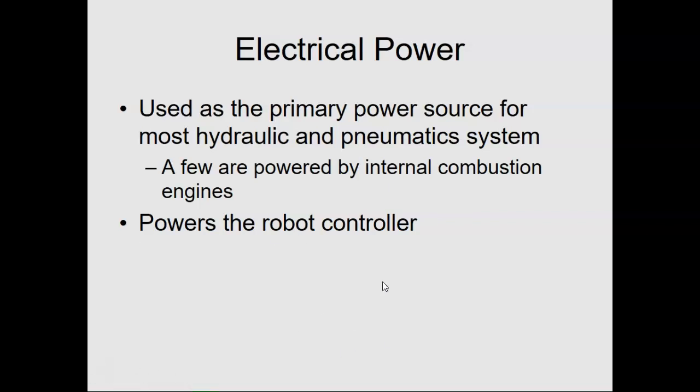So electrical power is the primary power source for just about everything. Some things can be powered by internal combustion, but even that produces electrical power. So thus, this is what powers most every controller. It's what powers most robots in some form, either directly or indirectly.